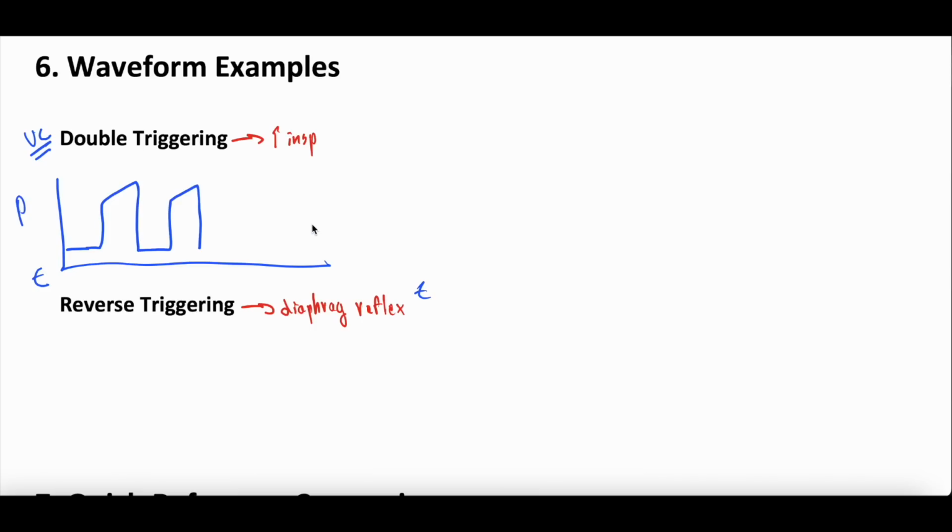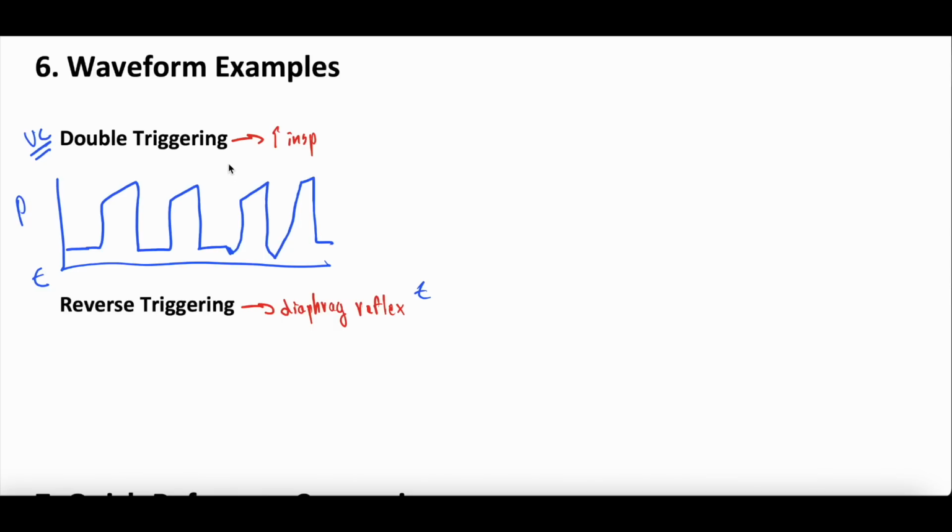In double triggering, you'll see this negative deflection. This is the patient starting to inhale, right? And then the ventilator says, okay, that's going to trigger a breath for me. So it gives that breath, and it'll then want to exhale, but the patient will still be inhaling. So you get this negative deflection that then prompts a second breath.